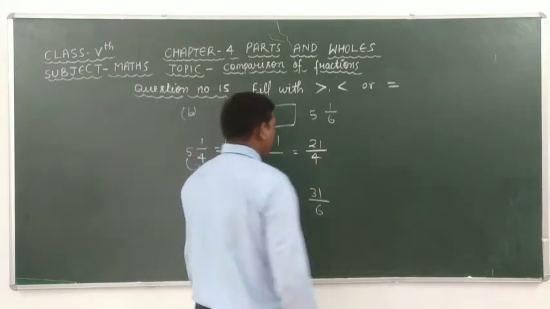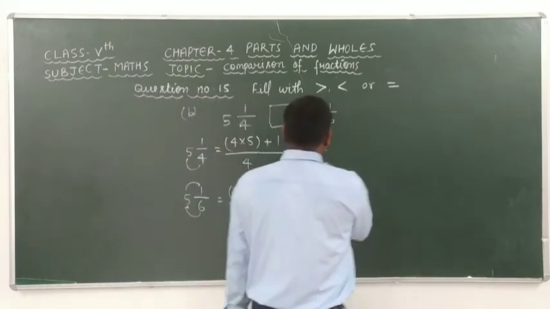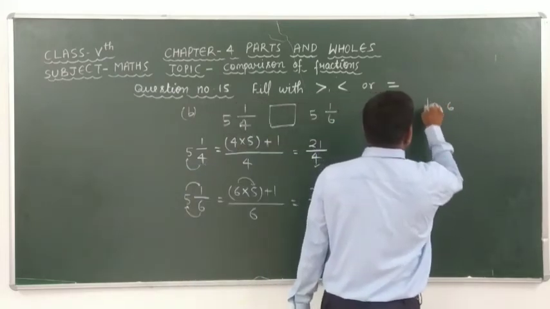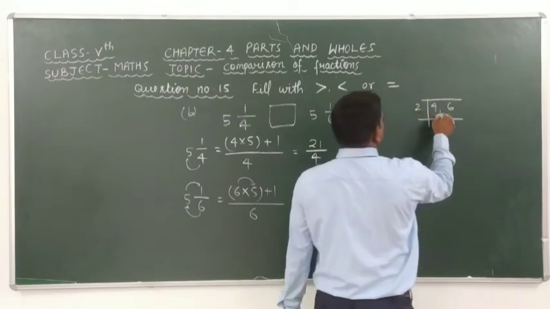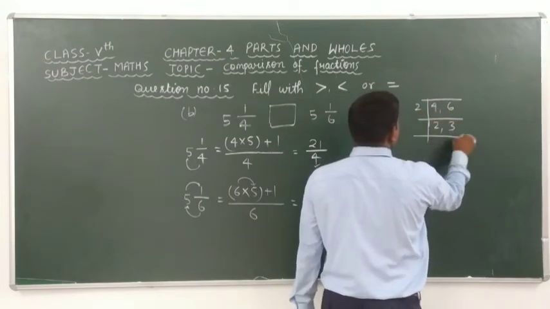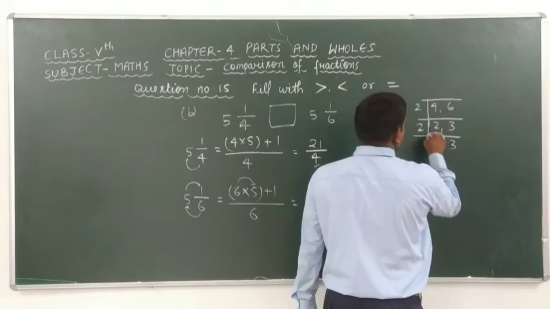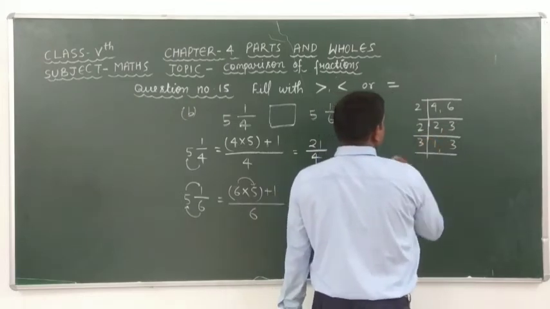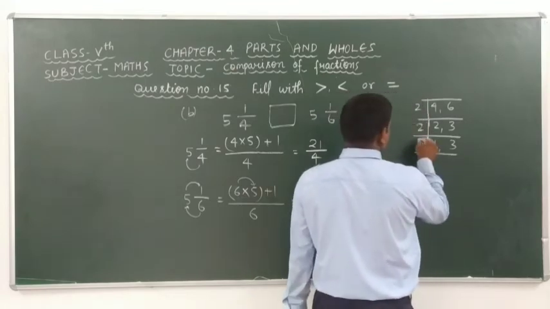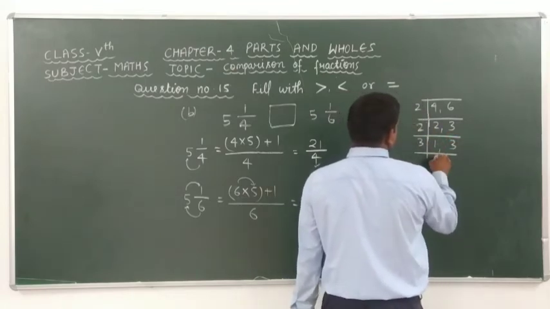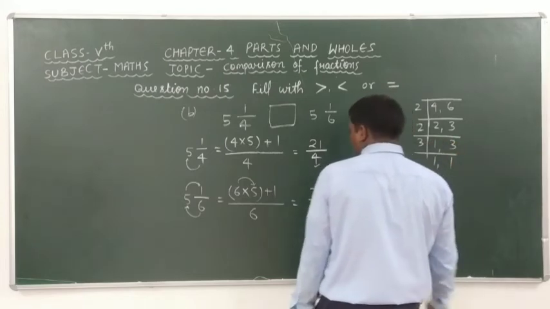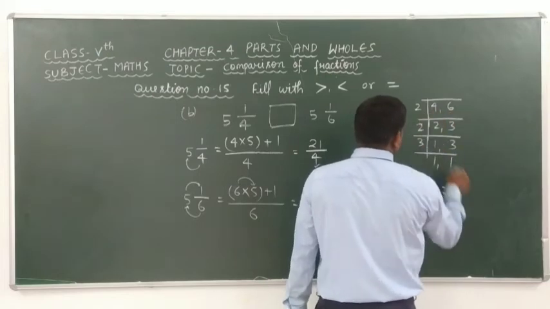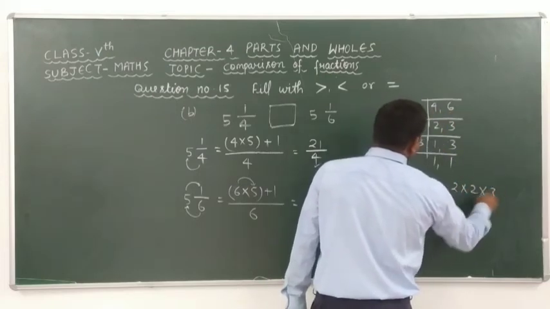Firstly we have to take the LCM of 4 and 6. 2 2s are 4, 2 3s are 6, 2 1s are 2. We write 3 as same because 3 is not divisible by 2. Here 3 1s are 3. Then the LCM of 4 and 6 is 2 into 2 into 3.